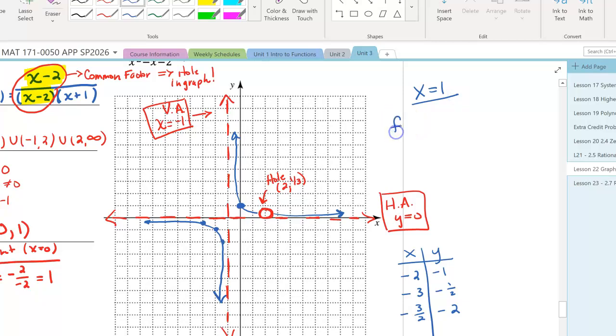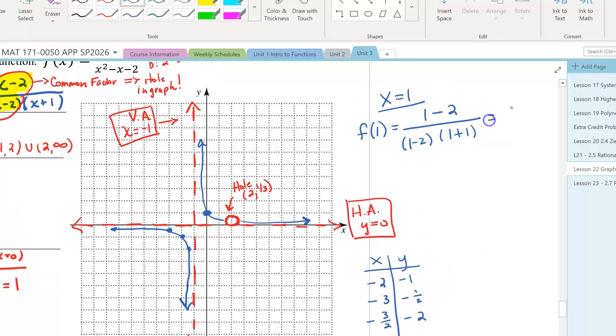So if I find f of 1, that's going to give me 1 minus 2 over 1 minus 2 times 1 plus 1.